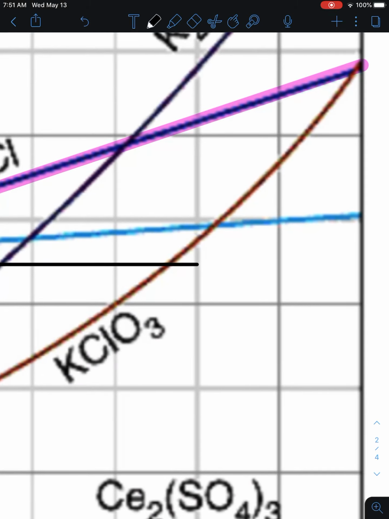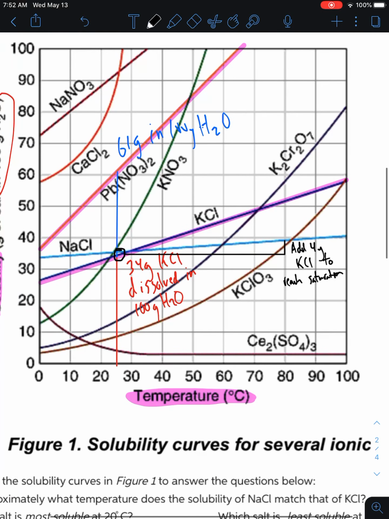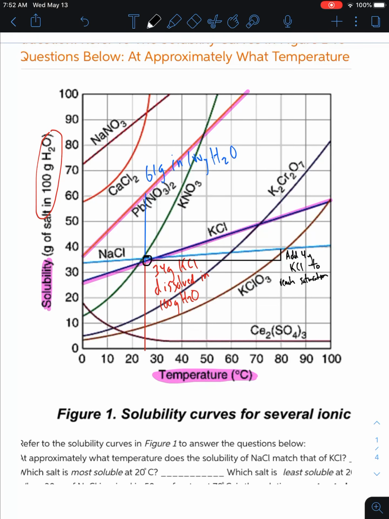How much more? Maybe, I don't know, 4 more grams. We can add 4 grams of potassium chloride to reach saturation, the point at which we can't dissolve any more potassium chloride. So what we can say is that for the vast majority of these salts, if we increase the temperature, we increase the solubility.